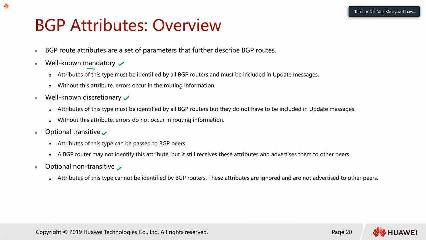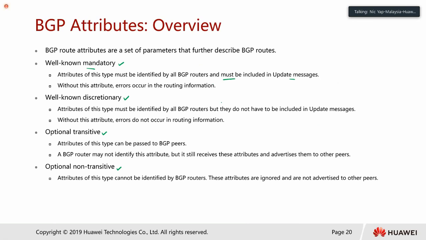Attributes of this type must be identified by all BGP routers and must be included in the update message. Without this attribute, errors occur in the routing information. So what types of attributes are considered well-known mandatory?